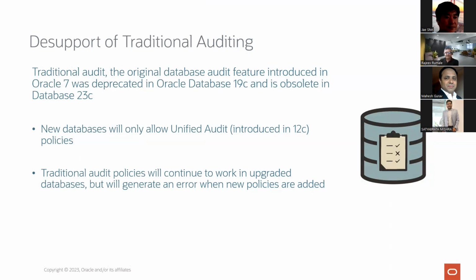Same way, if you start auditing every activity happening on the database, investigating what went wrong becomes more tedious. So it is always advisable to narrow down your auditing to the most crucial part so that you don't miss out on the details, right?